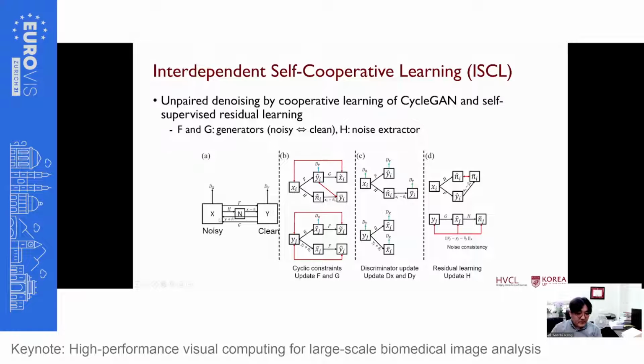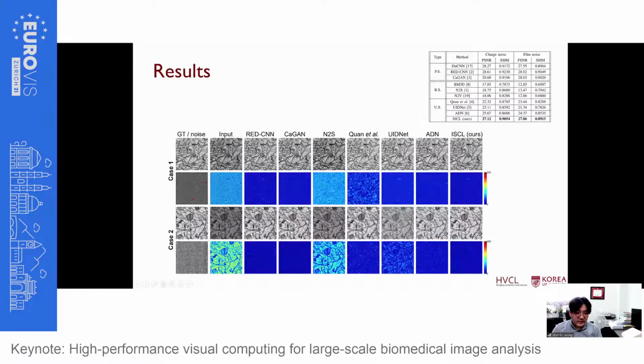The idea is similar to CycleGAN, making a pair between noise and clean domains, but we have a supervised noise extractor, and they are combined together like a chain. So we learn in a cooperative way. This is the error, as you can see here.